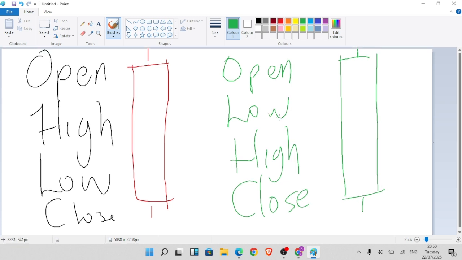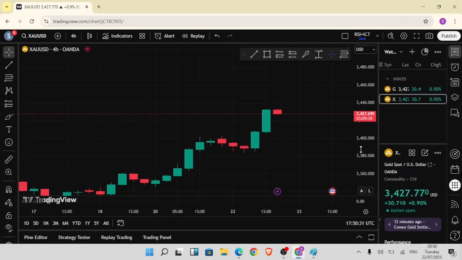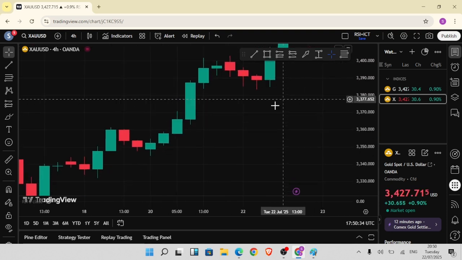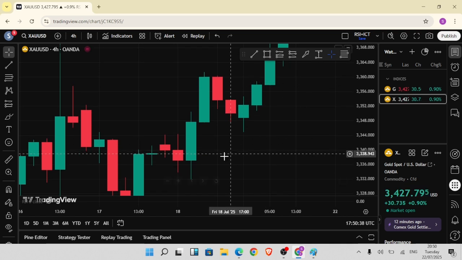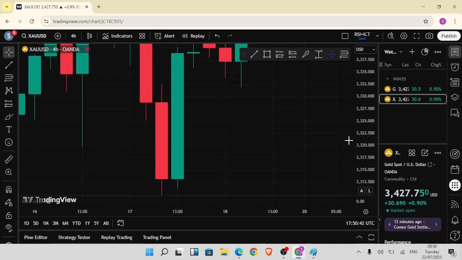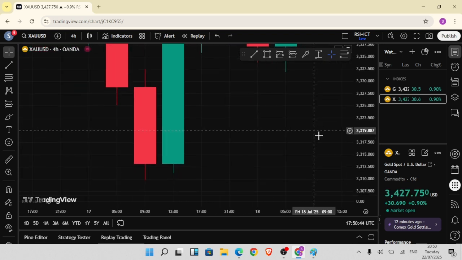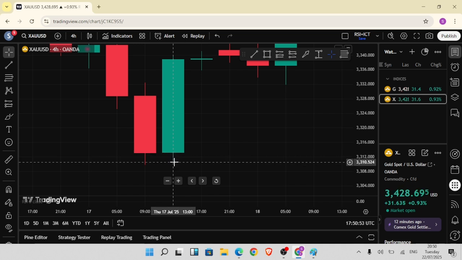Let us now go to the charts and see what is happening there. Now look at this. This is the 4-hour time frame. A candle, let me use this candle for example. A candle in the 4-hour time frame will open here, this bullish candle. It opened here, went low, and then went and formed a high, and then closed.